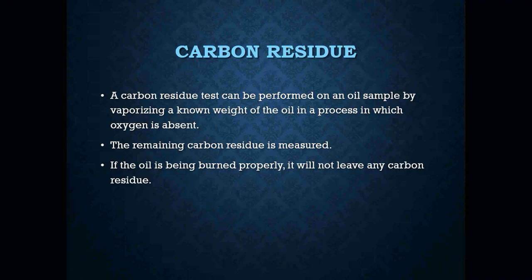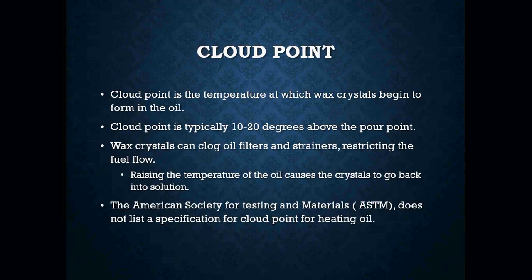Carbon residue is a test that can be performed on an oil sample by vaporizing a known weight of the oil in a process in which oxygen is absent. The remaining carbon residue is then measured. So if the oil is being burned properly, it will not leave any carbon residue.